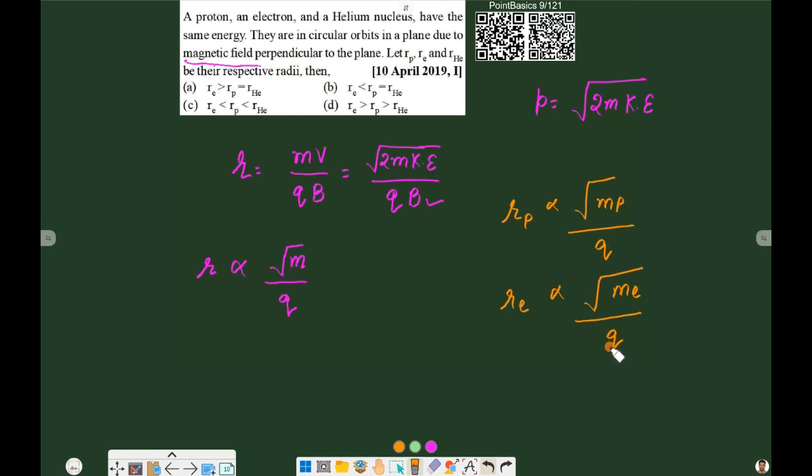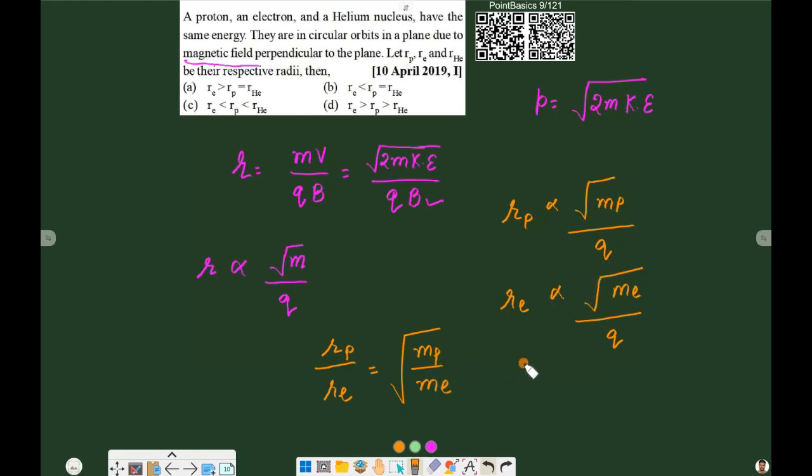So let's divide both of these: radius of proton by radius of electron will be the square root of mass of proton by mass of electron, and as both have the same magnitude of charge, the charge will get cancelled out.